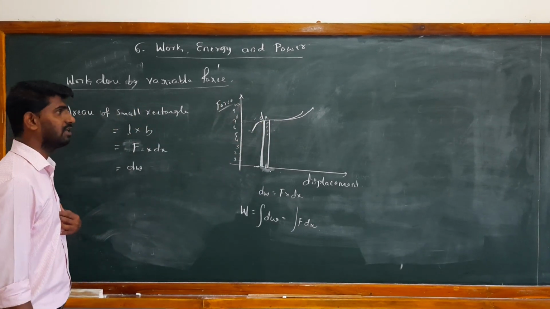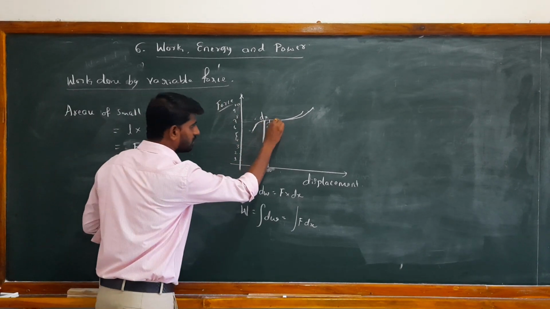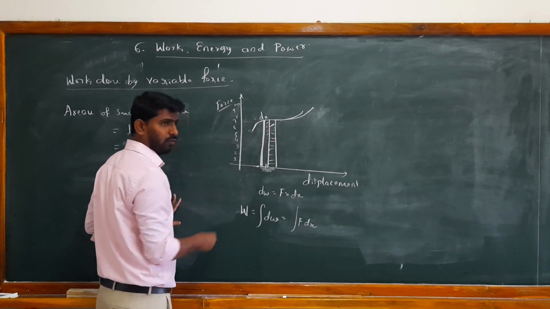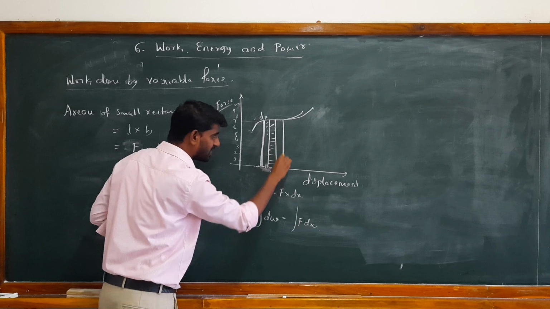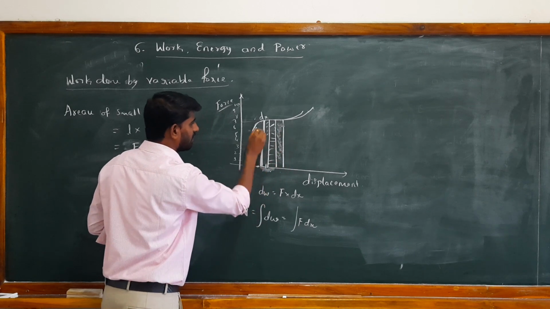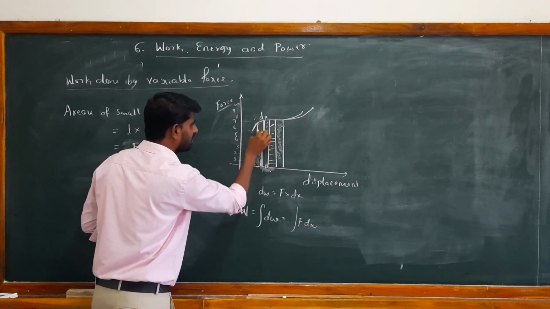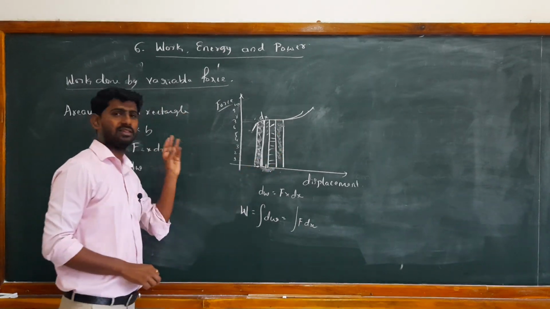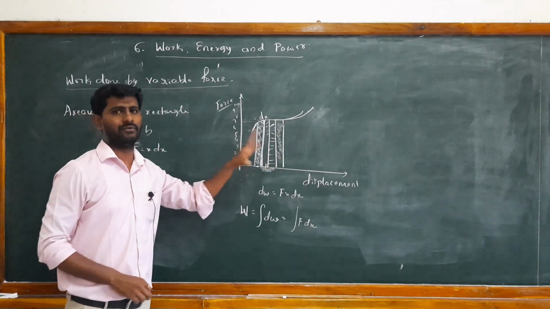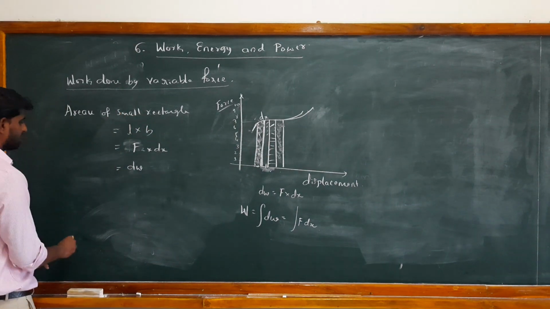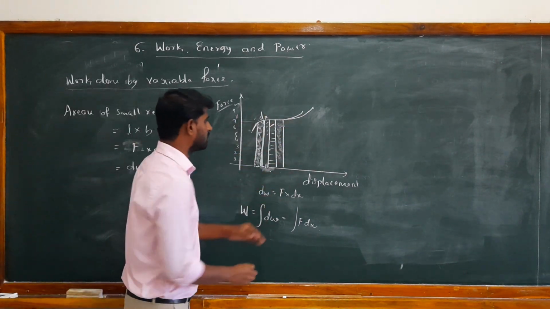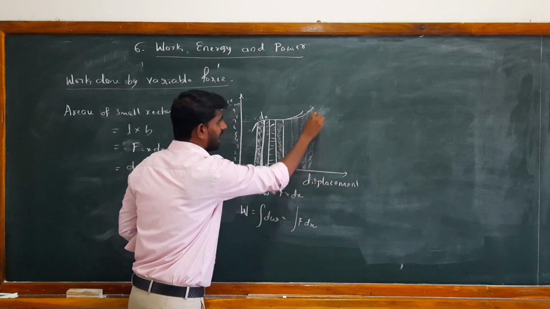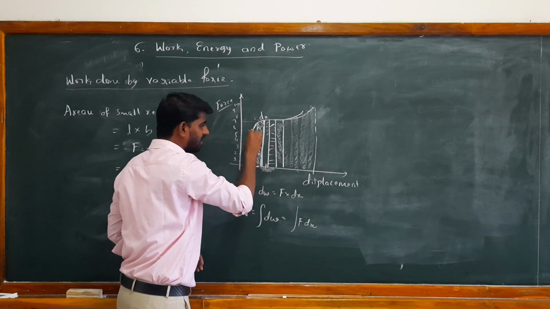I want to get the total work done. Take one more section of dx and get its work done, then one more small section and get its work done, and add all the dW's. You will get the total work done. Or in other words, the area under the entire curve. The small sections cover the entire area under that curve.